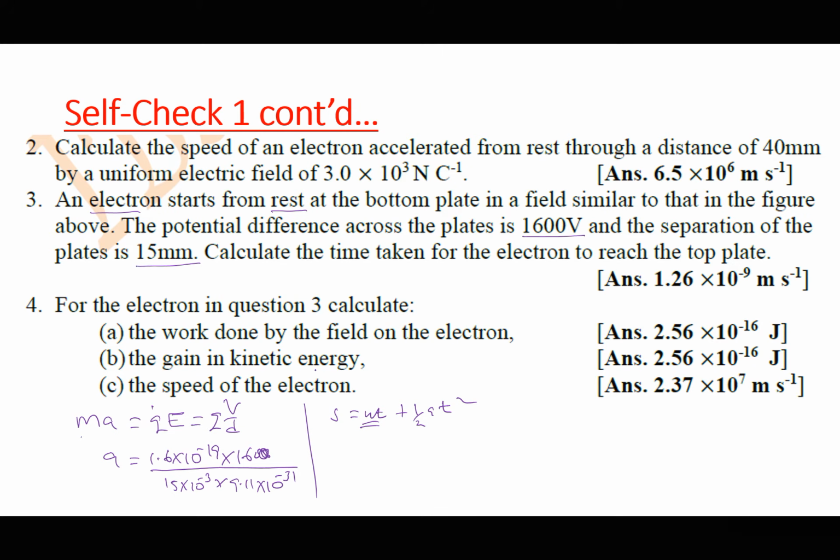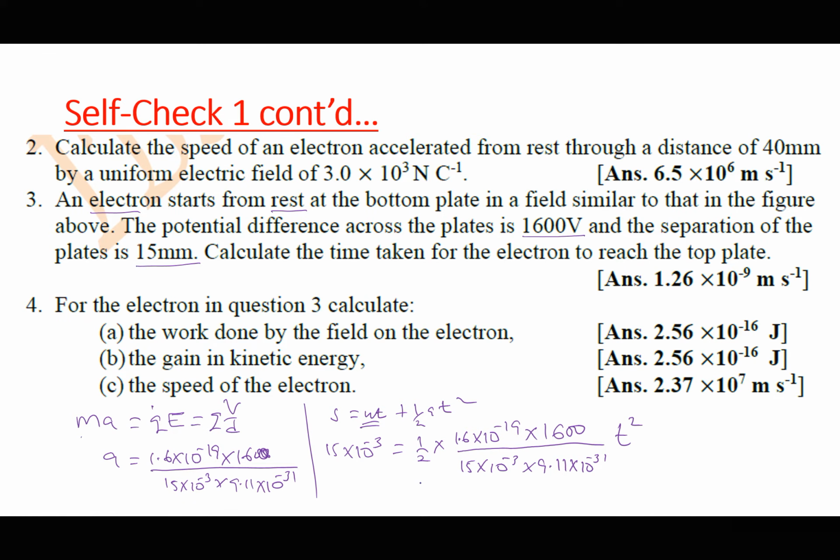The displacement it is going to move is this, so I will say 15 times 10 power negative 3 is equal to a half times the acceleration, which we have got here, 1.6 times 10 power negative 19 times 1600 divide by 15 times 10 power negative 3, then times 9.11 times 10 power negative 31, then times t squared.